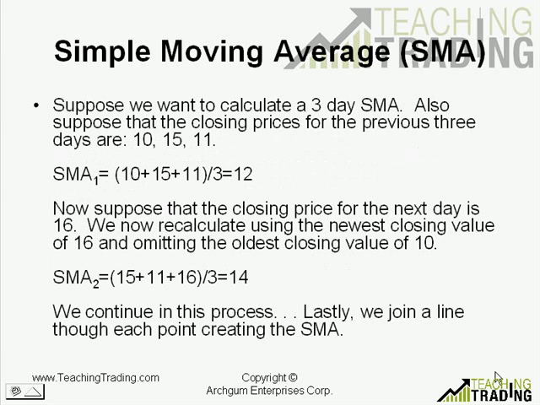Suppose we want to calculate a 3-day simple moving average. Also suppose that the closing prices for the previous days are 10, 15, and 11. So to calculate the first point, you add up 10, 15, and 11 and divide by 3 to get 12. Now suppose that the closing price for the next day is 16.